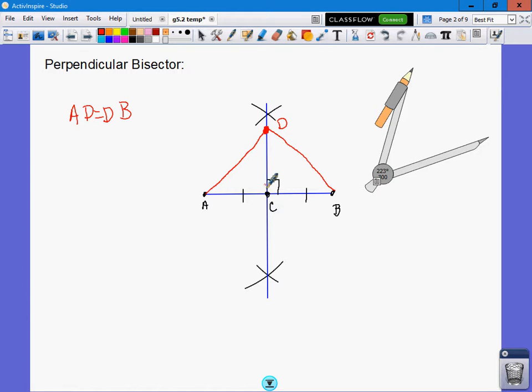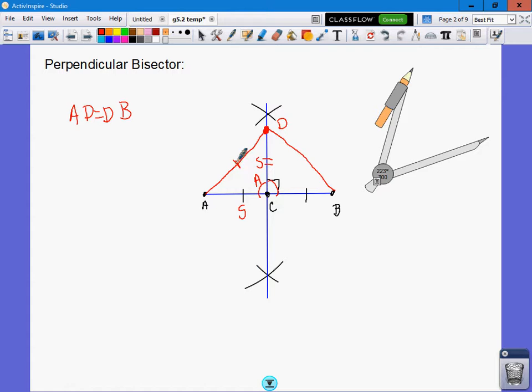I know that all right angles are congruent, so I do know that these two angles are congruent, right? What else would I know? I know that CD is congruent to itself. How are the two triangles congruent then? Side, angle, side. Everybody see it?